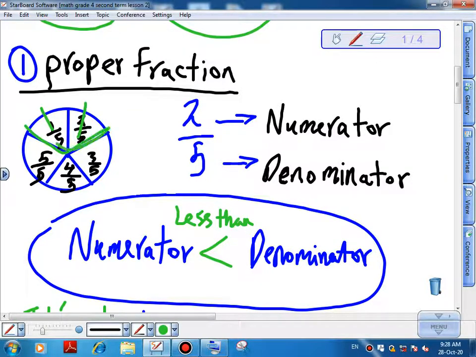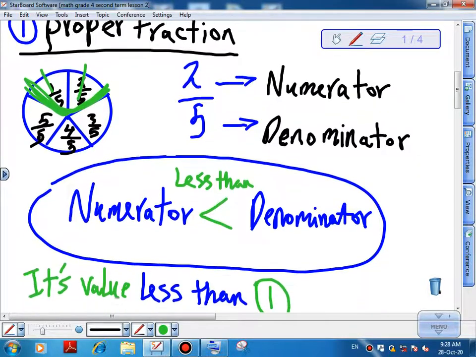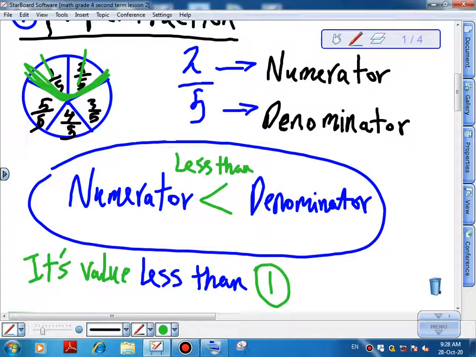Only these slices. So 2 over 5 is smaller than the whole. Its value, 2 over 5 or 2 fifths, is less than 1 because 2 is less than 5. So we call this type proper fraction when the value is less than 1.